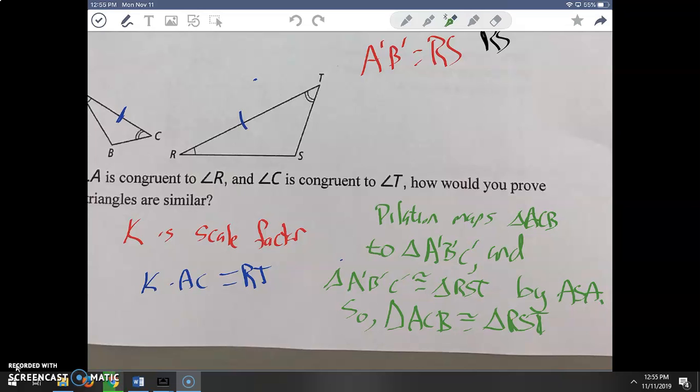The dilation maps ACB to A prime, B prime, C prime, and triangle A prime B prime C prime is congruent to RST by angle-side-angle. Since this prime maps to the original, then yes, I wrote congruent, but really it is similar. So there are going to be similar triangles.